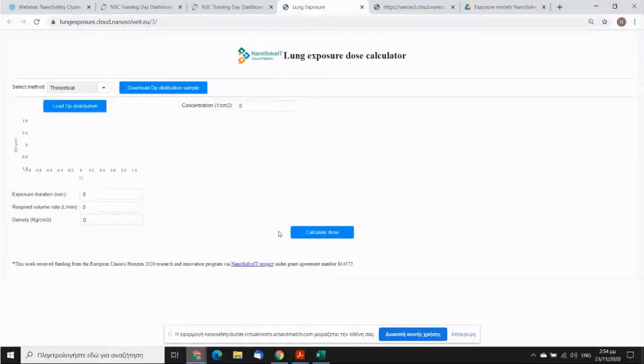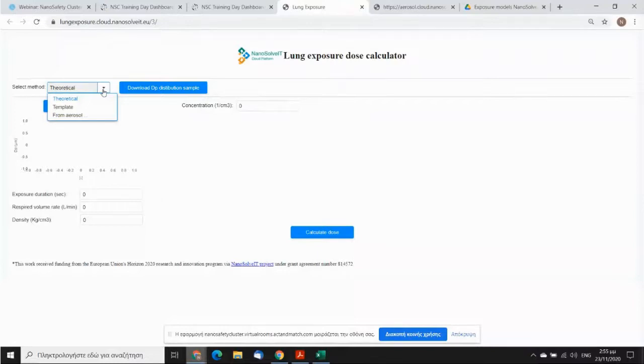Here, what we want to do is, based on the diameter distribution of the nanomaterials, the initial concentration and the final concentration of the nanomaterials, estimate the dose in humans. In order to do that, we have 3 methods. One is theoretical, the other is called template, and the other is from aerosol. I'm going to show you examples of every one of them.